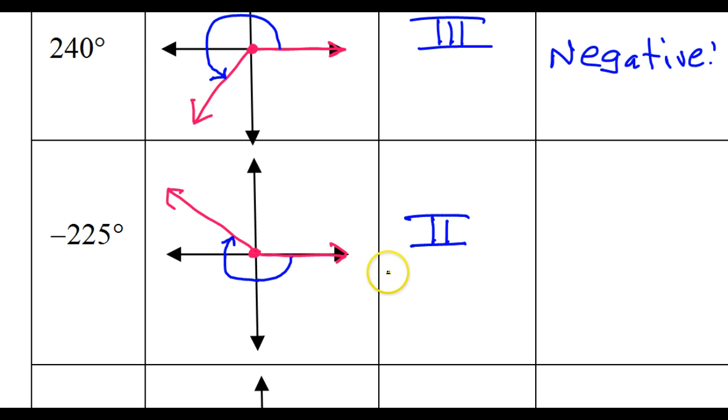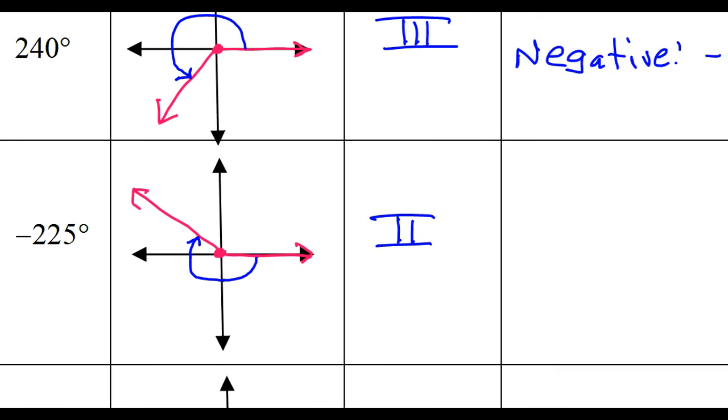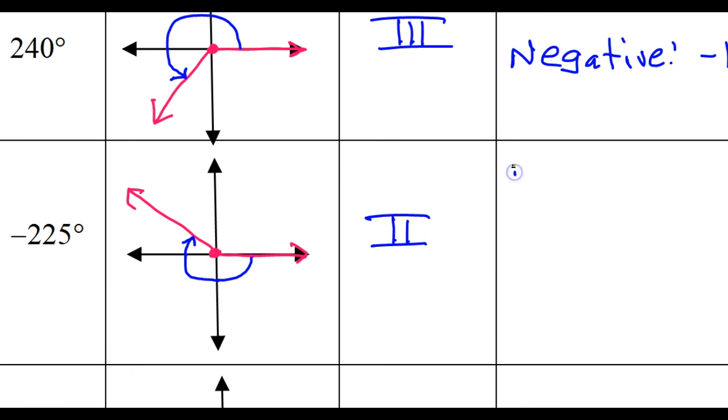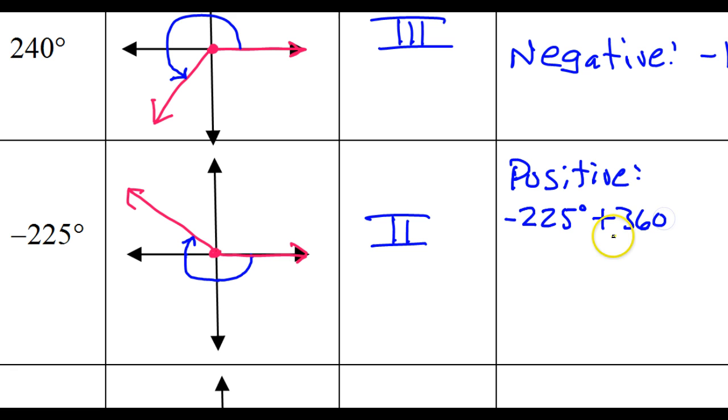Now, let's talk coterminal angles. So if this is negative 225 degrees, if I want a positive coterminal angle, okay, I could just do negative 225 degrees plus 360.